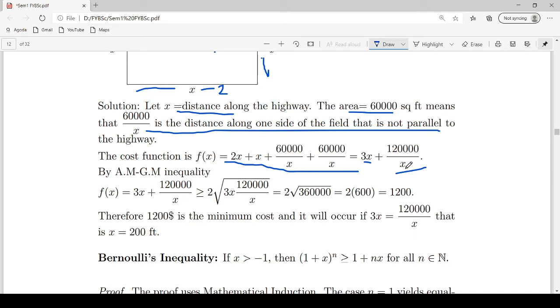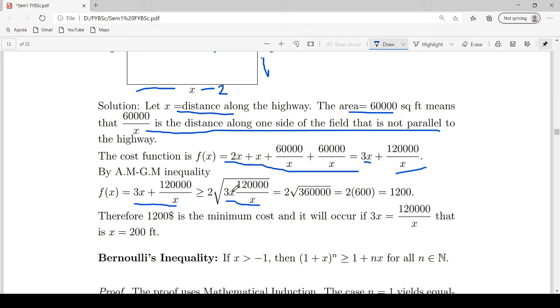By applying the AM-GM inequality, you will have the arithmetic mean of 3x and 1,20,000 upon x is greater than or equal to the geometric mean of 3x and 1,20,000 upon x. That means f of x equal to 3x plus 1,20,000 upon x is greater than or equal to 2 times the square root of 3x into 1,20,000 upon x.